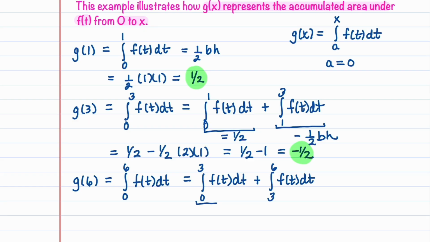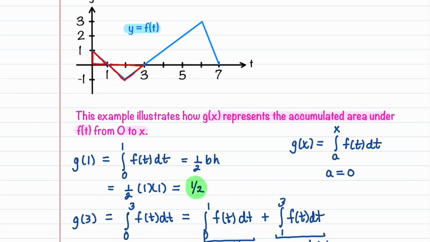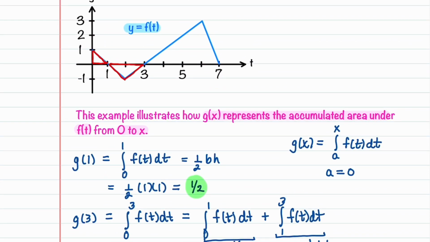The integral from 0 to 3 is equal to minus 1/2. Now we need to find this integral. Let's go back up and look at our graph. That integral is the area under this triangle right here.